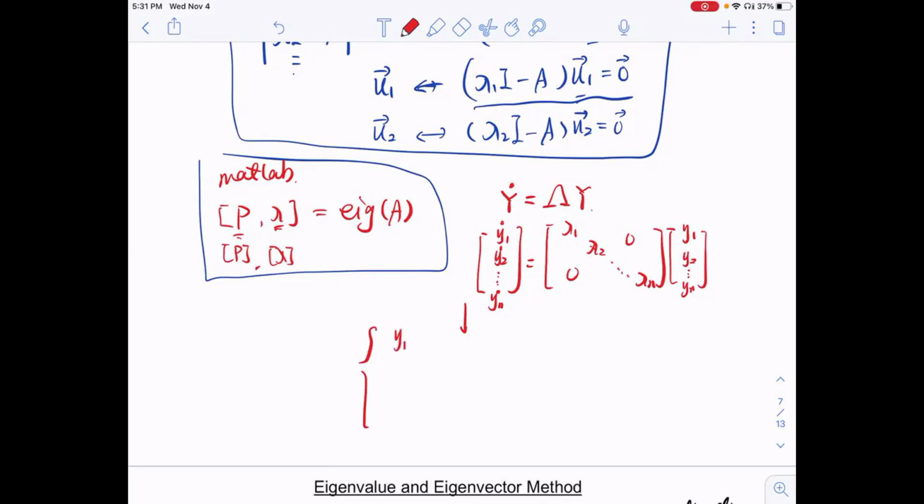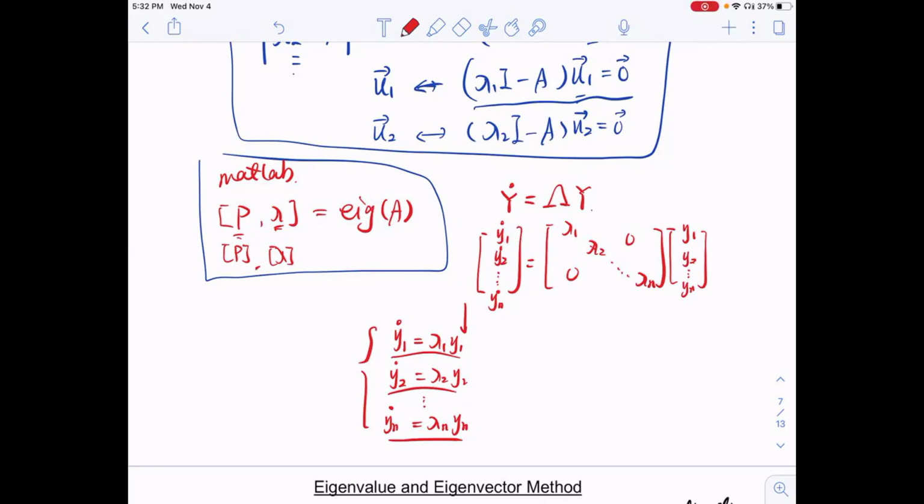These are y1 dot equals lambda 1 y1, y2 dot equals lambda 2 y2, all the way to yn dot equals lambda n yn. You can see a very special property of these equations. They're decoupled, right? Your first equation is only about y1, the second one is only about y2, and so on.